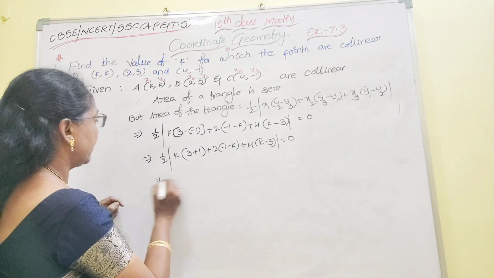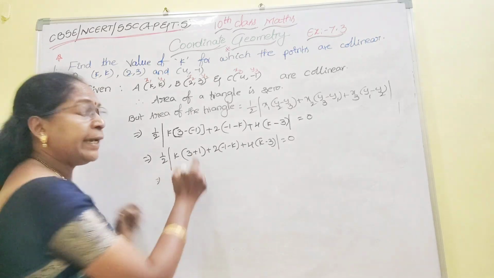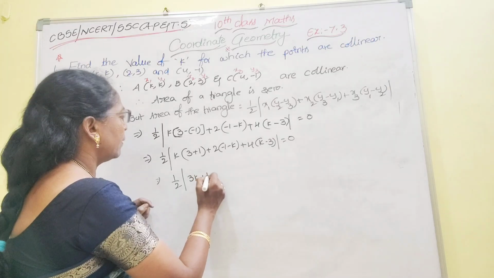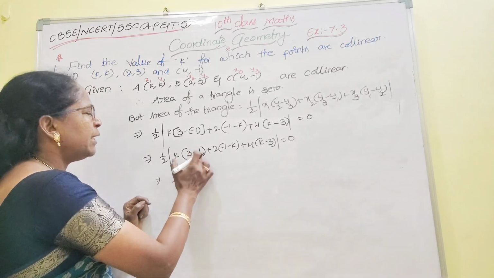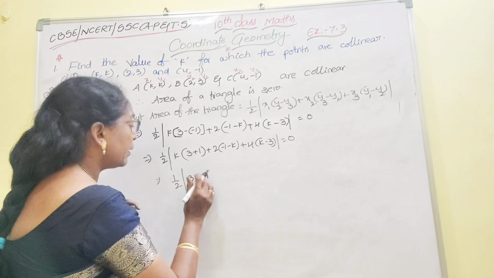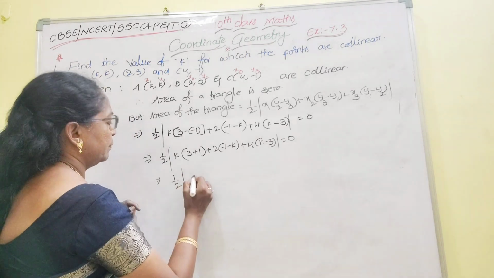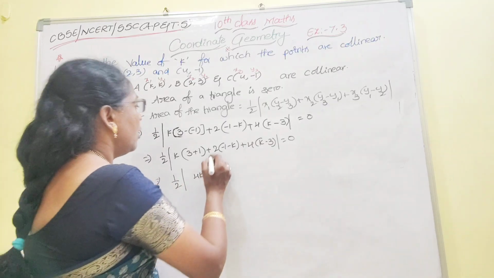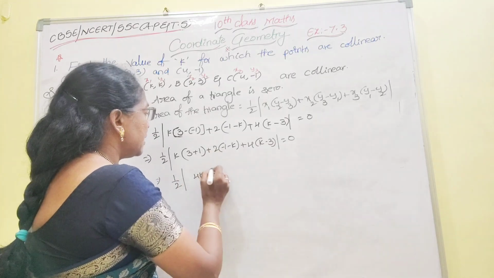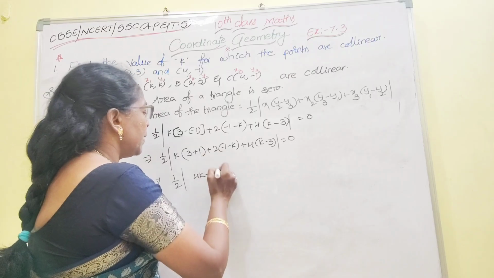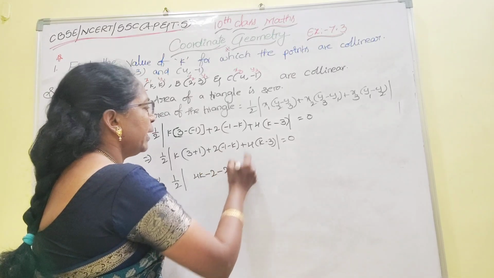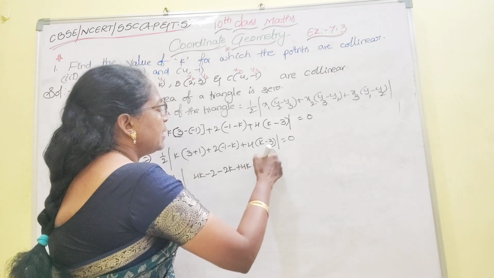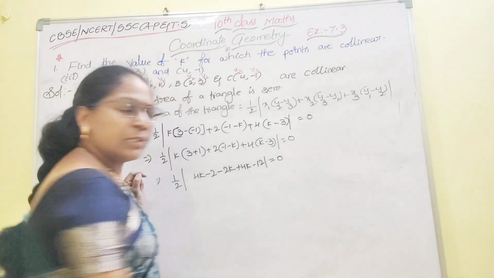Now simplify this one. Half modulus k into 3, that means 3k plus k into 1. Directly you can write 3 plus 1 equals 4, then directly you can write 4k. Or k into 3 is 3k plus 1k, like that also you can write 4k. Plus 2 into minus 1 is minus 2, plus 2 into minus k is minus 2k, plus 4 into k is 4k, minus 4 into 3 is 12, equals 0.